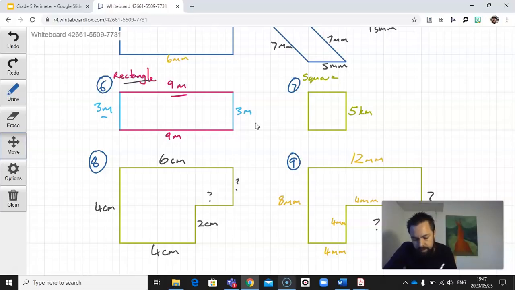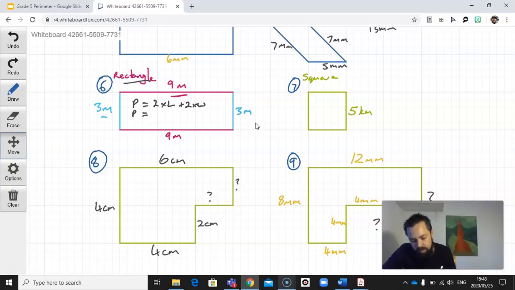Okay, so if we write down P equals, you can write it down as a plus thing now that you've got it. So you can say 9 plus 3 plus 9 plus 3. At the moment it's going to look a little like we're doing it a long way around. But I could say it's 2 times L, which is the long side, plus 2 times width, or W, which is the short side.